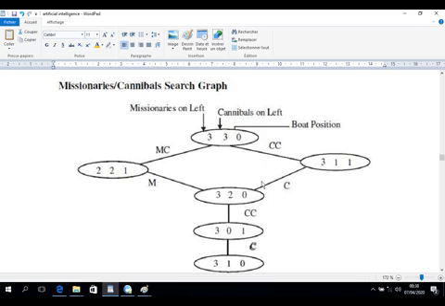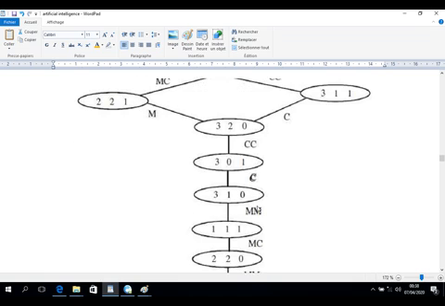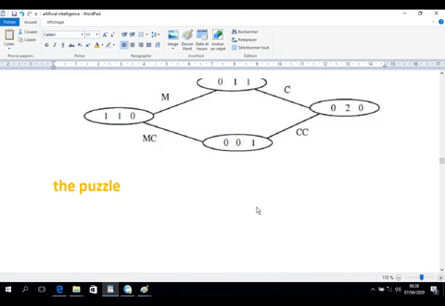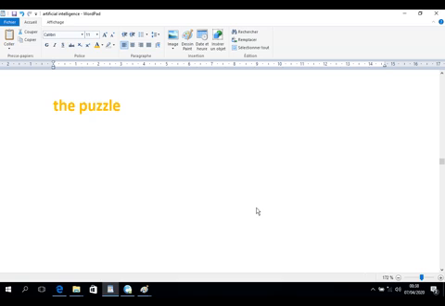So that is the problem space representation of this problem.